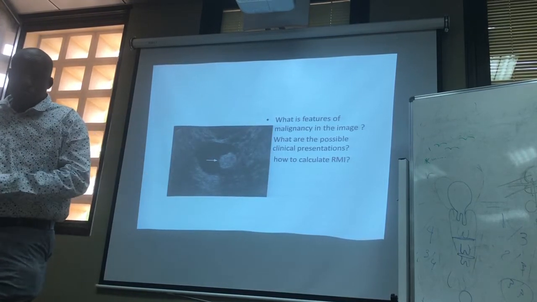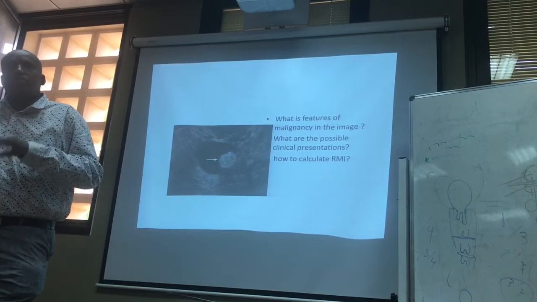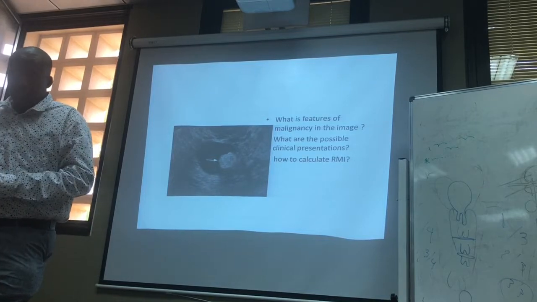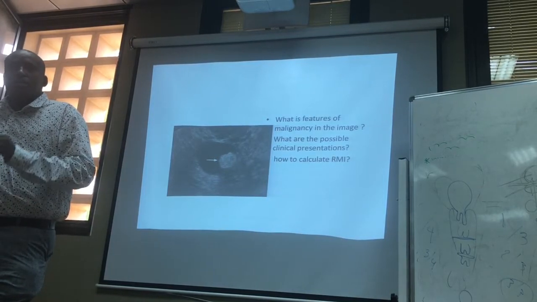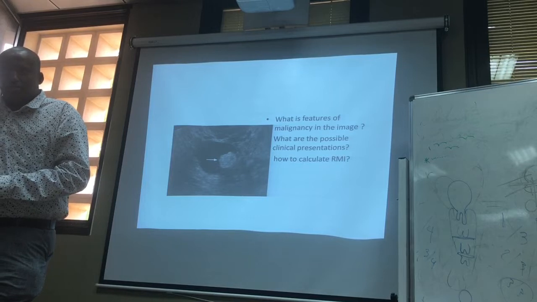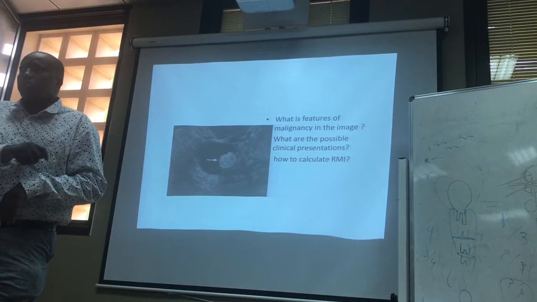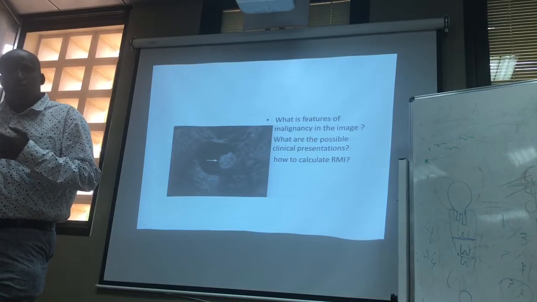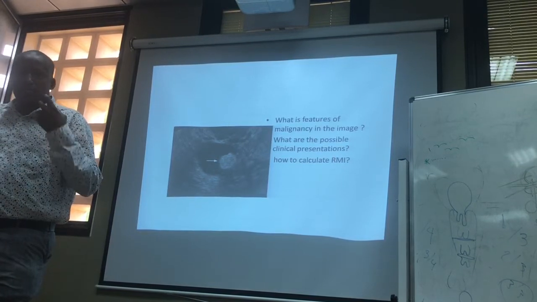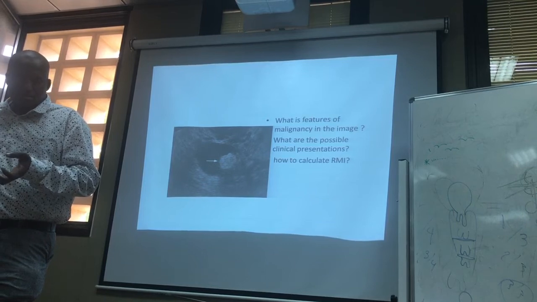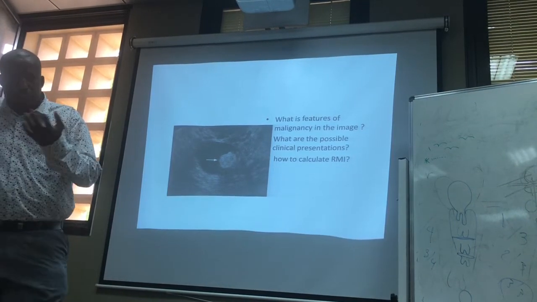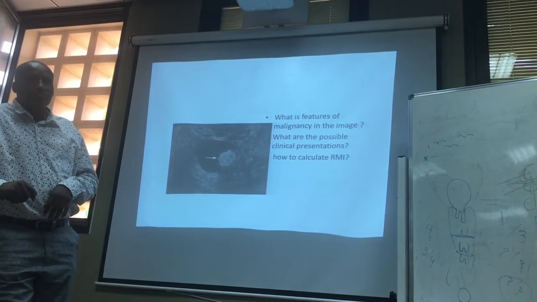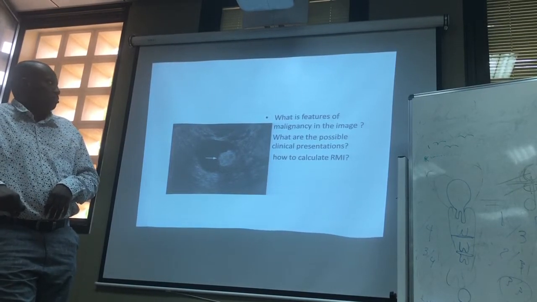If you mention it, it could be right, but usually it's late. When somebody asks you something, always put the most common thing first. When do they come with pain? If they have torsion or hemorrhage, what people call an ovarian accident. Then they come with pain. Otherwise, usually they are asymptomatic.